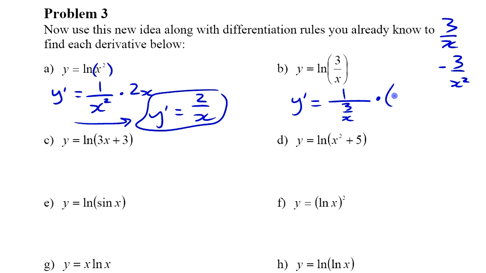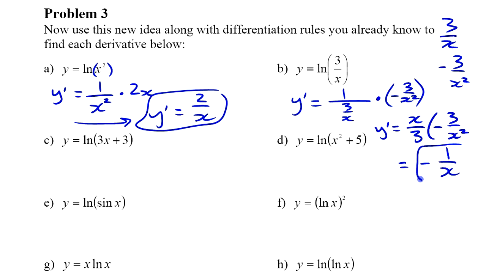To simplify this, we have x over 3 times negative 3 over x squared. What that is going to be is actually negative 1 over x. That's the derivative of ln of 3 over x.